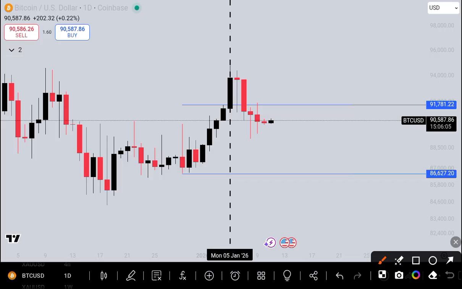Inside this candle, we're trying to find anything that signals a sell reversal away from this bullish push up. So far we have not seen any actual sell reversal or sell continuation.